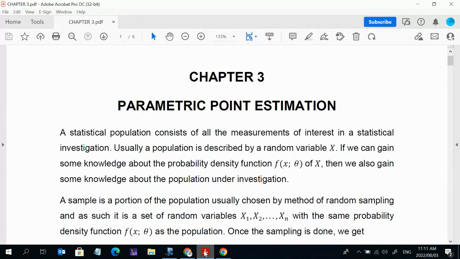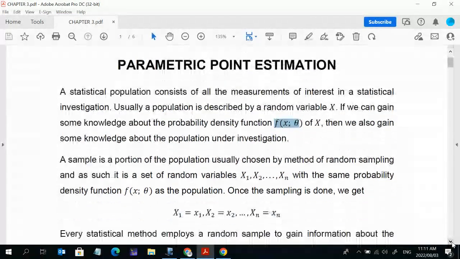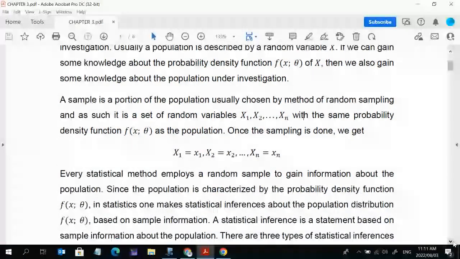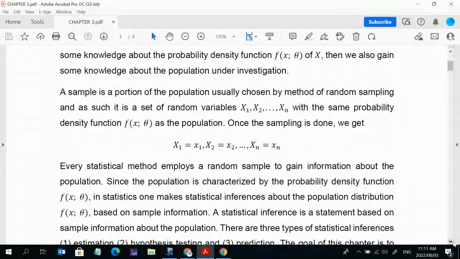We have a population X following the density function f of x with theta being the parameter. We want to use the sample data to estimate the value of theta, which is the target parameter.